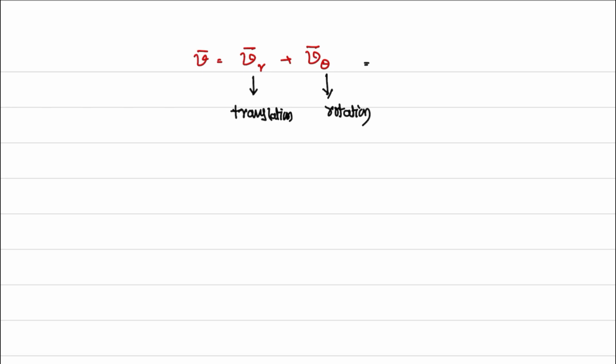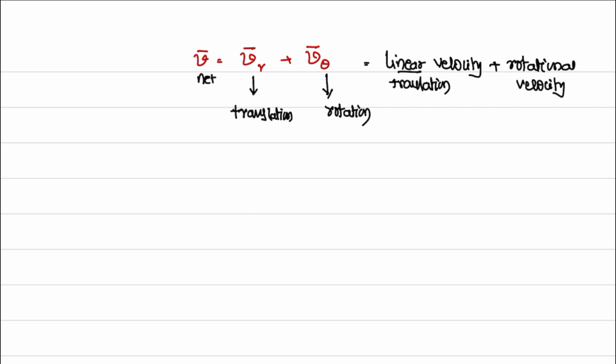That means net velocity is equal to linear or translational velocity plus rotational. When you know these velocities, you will be able to understand the net velocity.